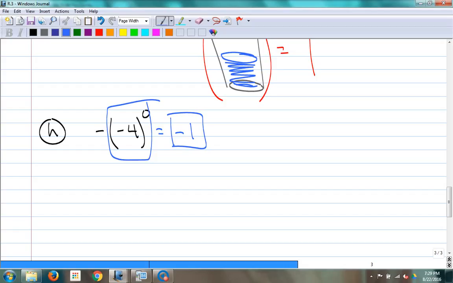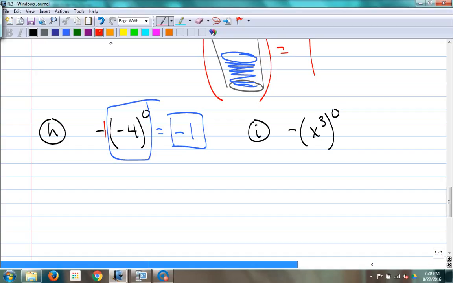The -4 in the parentheses had the 0 exponent. This negative out here is kind of like, okay, it says -1 times -4 to the 0 power, is what that means. So maybe if you had a variable there, maybe you had a negative and then you put x to the 3rd to the 0 power like that.